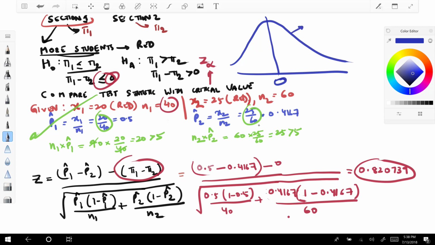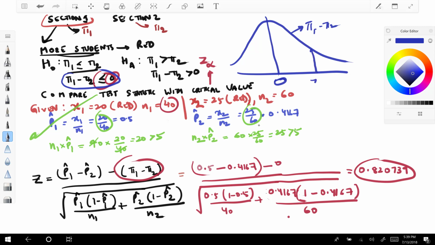This is the null hypothesis curve. Our null hypothesis is pi 1 minus pi 2 less than or equal to 0, so that means we will have an upper limit.